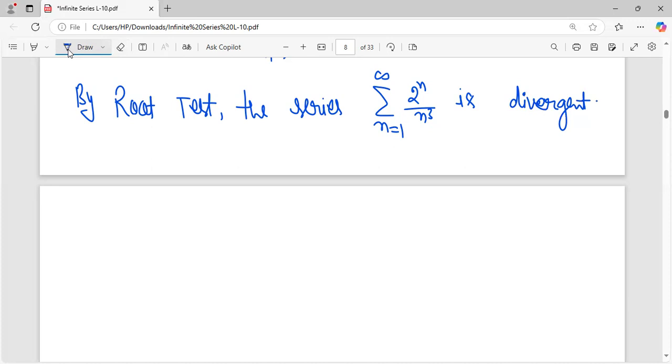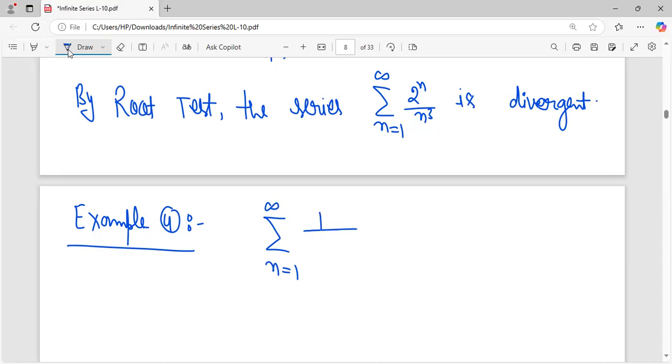Now the last part, example 4. Summation n goes from 1 to infinity of 1 upon (1 plus n) to the power n. So a_n is equal to this.